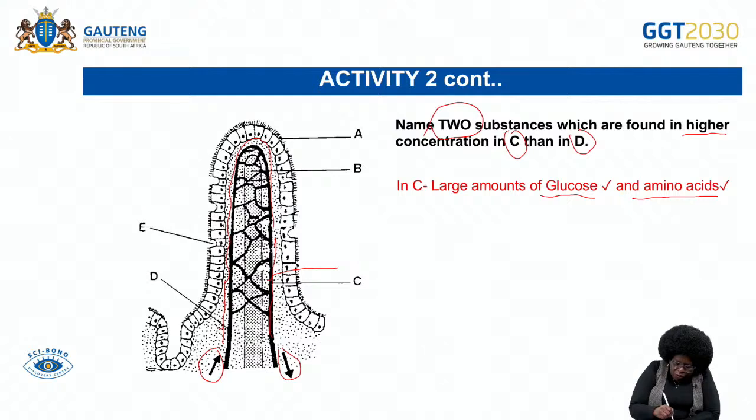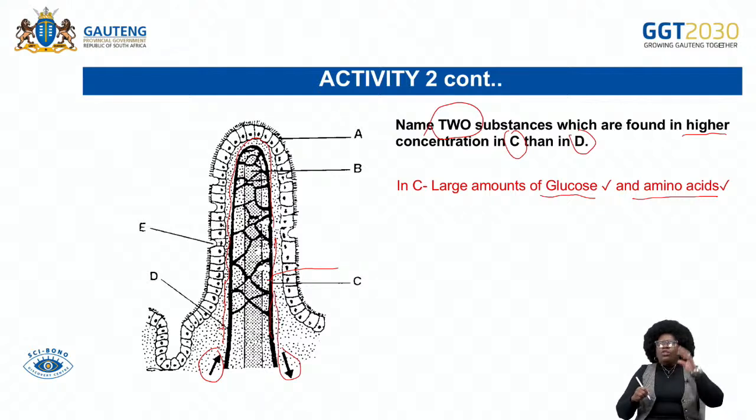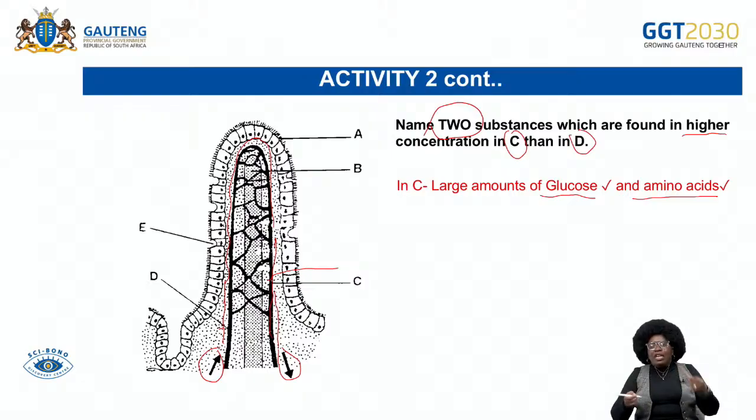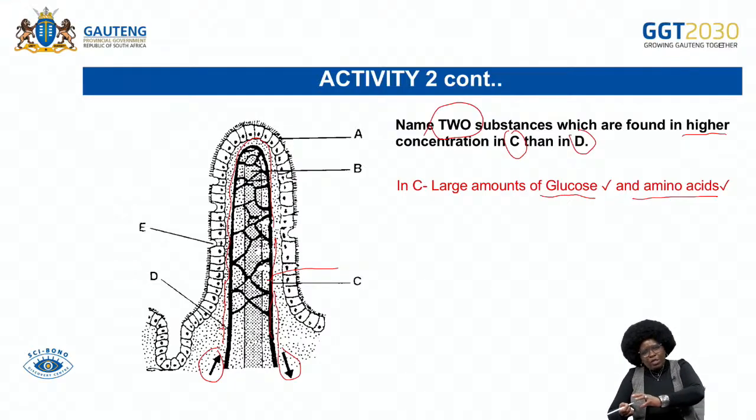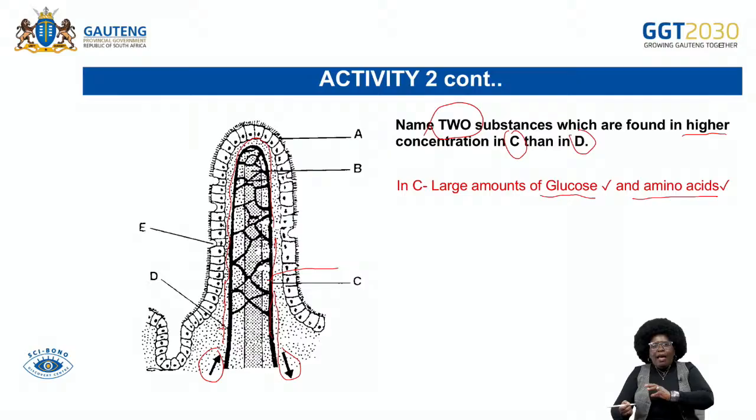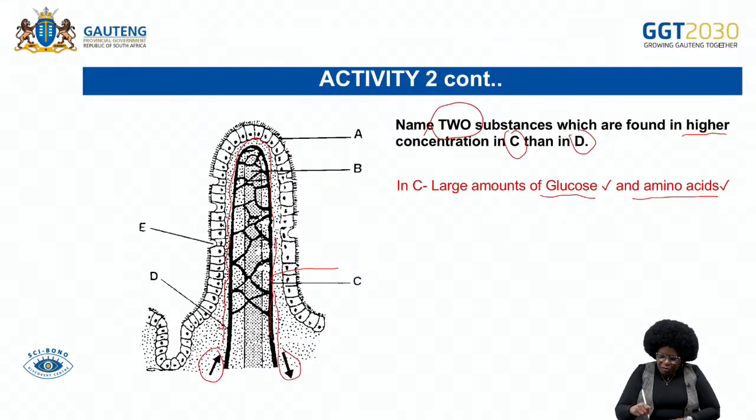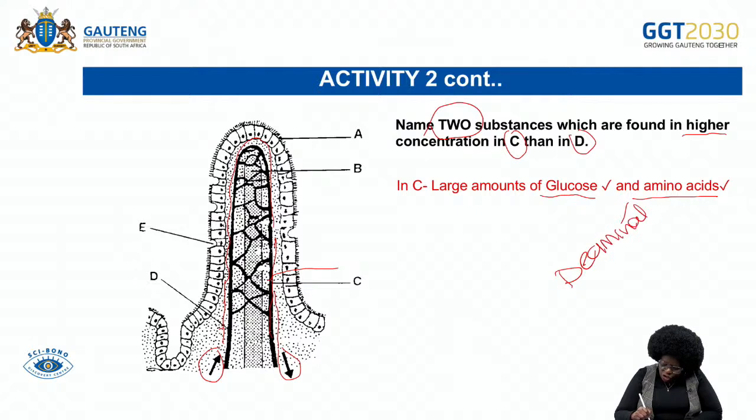And you have learned about how the body later speaks to the liver system, where excess glucose will be converted for storage. And that has to do with the liver and the muscle cells. And the amino acids, if they are found in higher concentration, we are going to have that process which we call deamination.